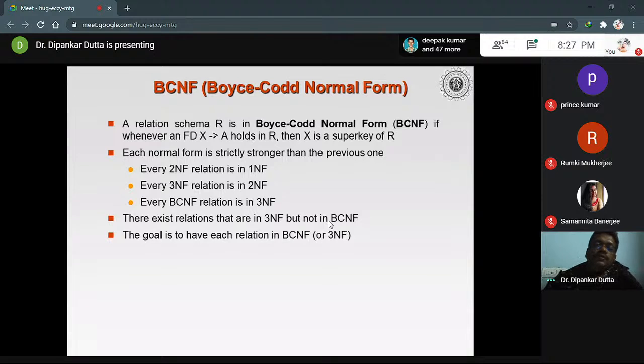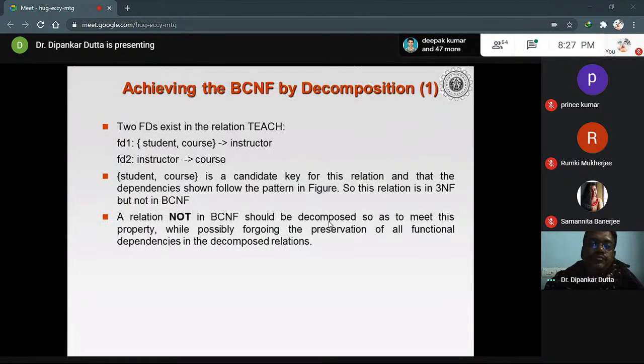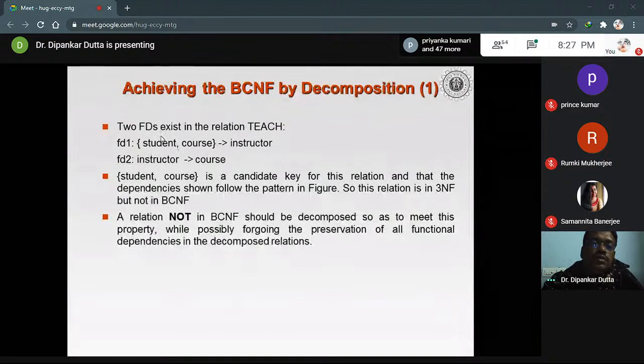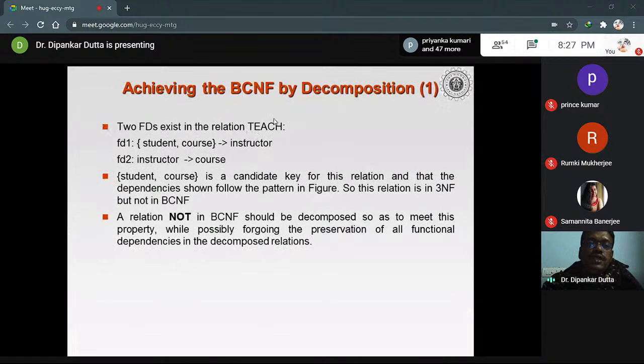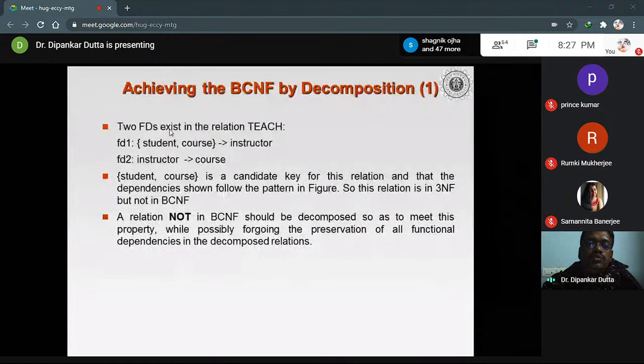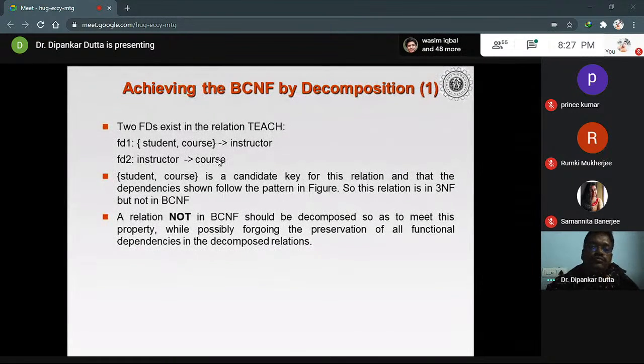Suppose there are two FDs in a relation: student, course determines instructor, and instructor determines course.